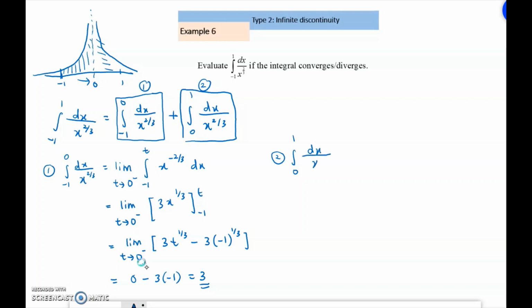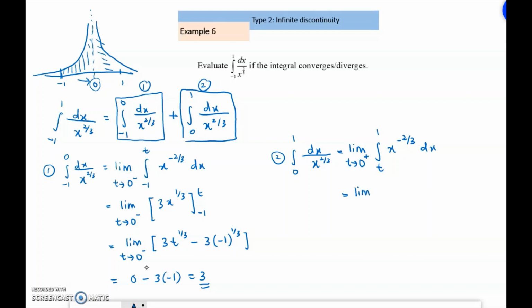Now the second part of the right side, dx over x to the power of 2/3. So change it into limit, where the limit now is from 0 up to 1. So here will be t up to 1, where t is approaching 0 from the right side. So this will be positive x to the power of -2/3 dx.